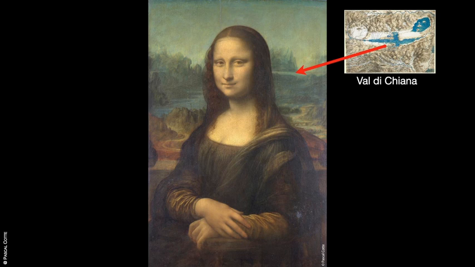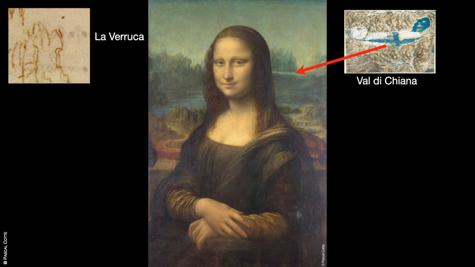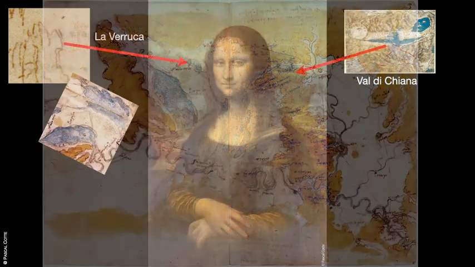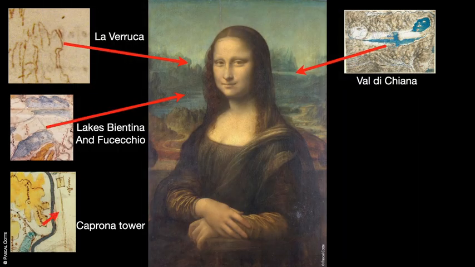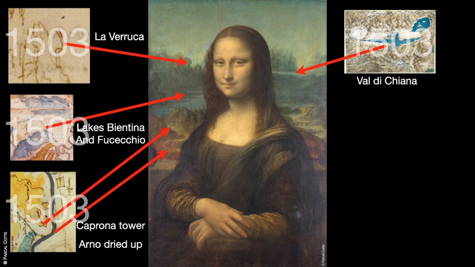First, the Val di Chiana at the bottom of the valley, then the surprising rock of the Verruca, the lakes crossed by his canal project, and of course, the dry Arno dominated by the Tower of Caprona, a geographical landmark to which he attached importance. On the right, a bridge synonymous with man's conquest over nature. All of these elements date from 1503.